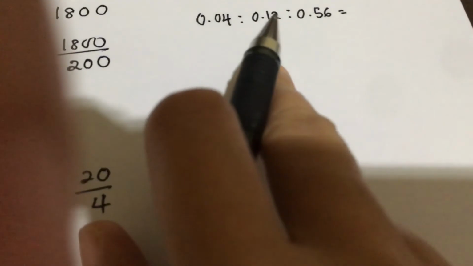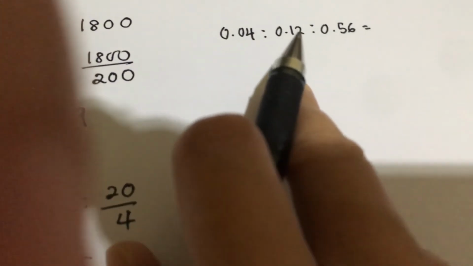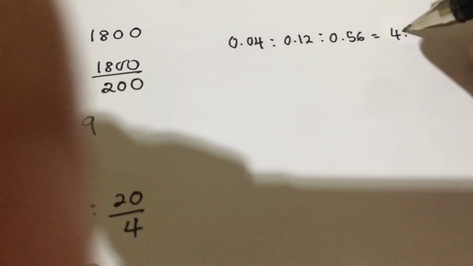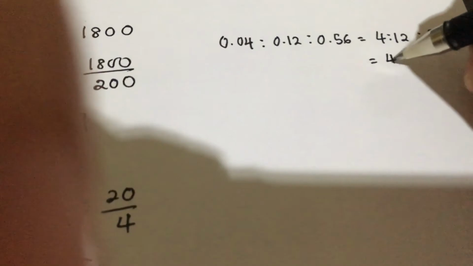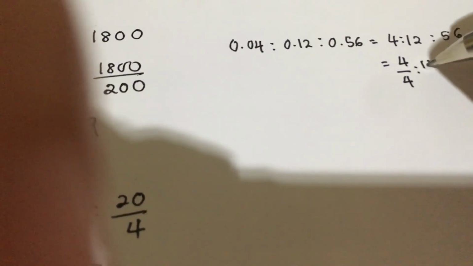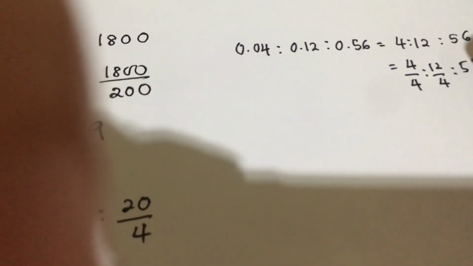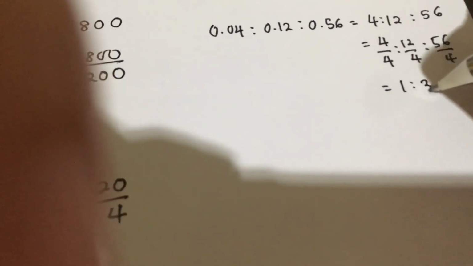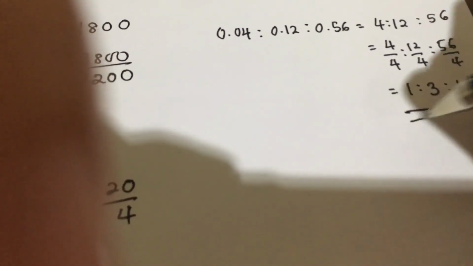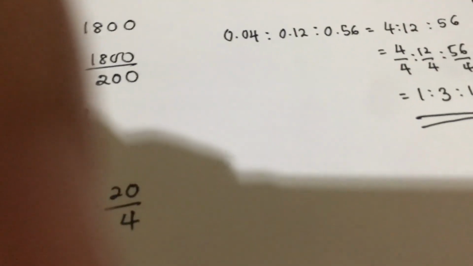To change them into integers, you must multiply by 100, right? So that gives you 4 to 12 to 56. The next thing you need to do is divide by 4, divide by 4, divide by 4. That will give you 1 to 3 to 14. So this is your final answer.